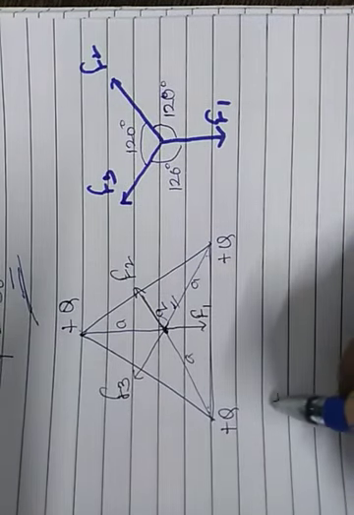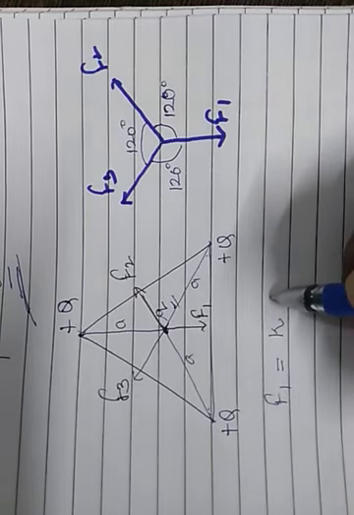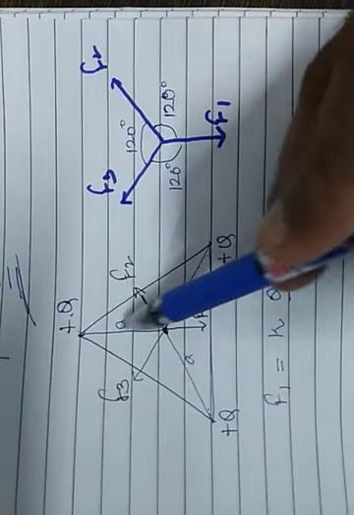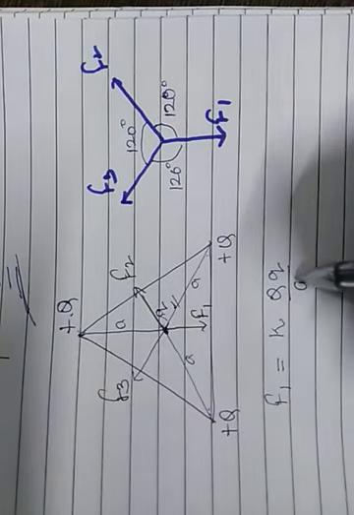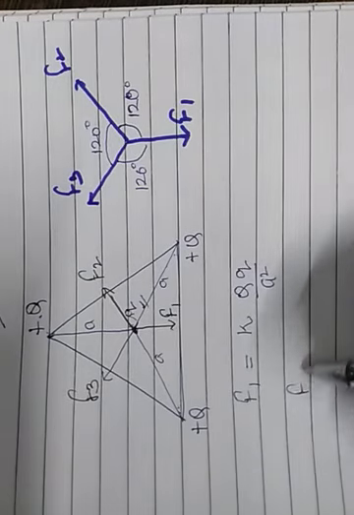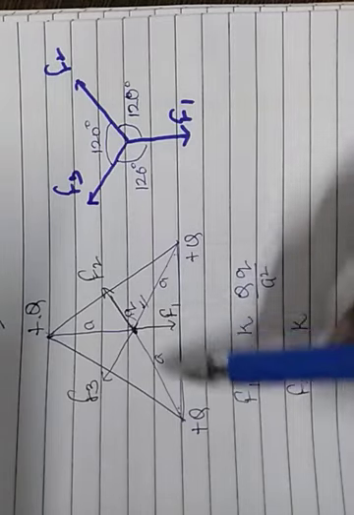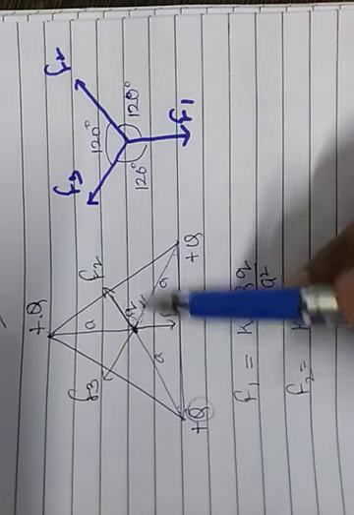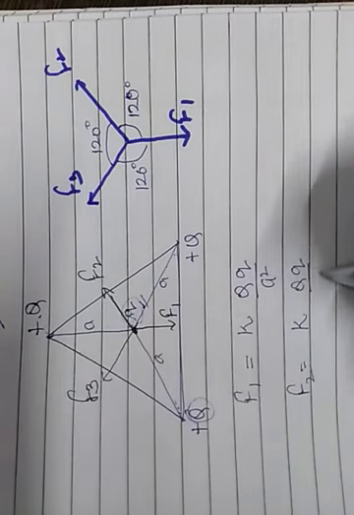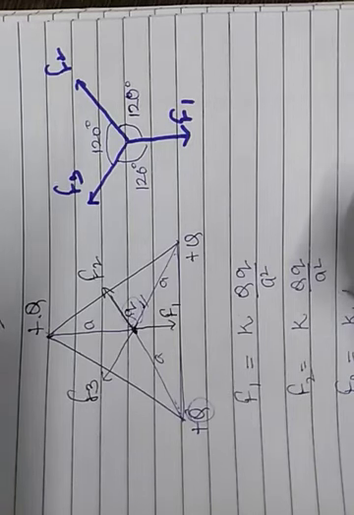So obviously the magnitude of F1 is equal to K, capital Q into small q, the product of 2 charges, over the square of the distance between them, that is A square. Magnitude of F2, obviously this will also be K, product of 2 charges, capital Q, small q, and the distance is A. So we can see that they are equal in magnitude.